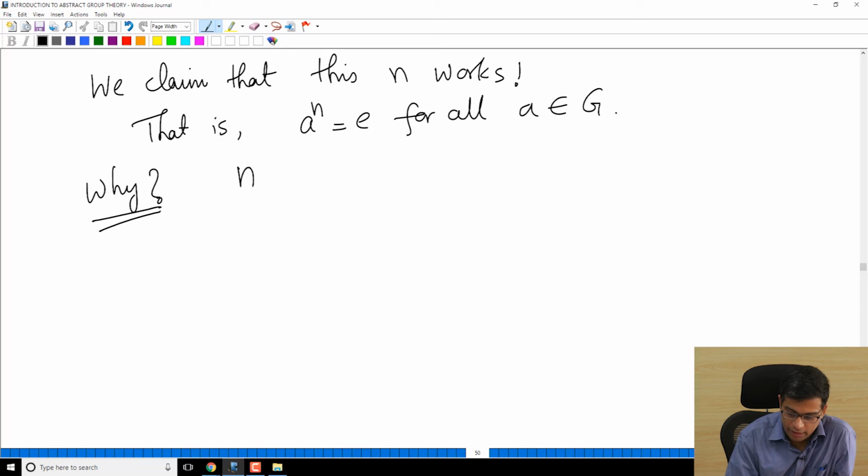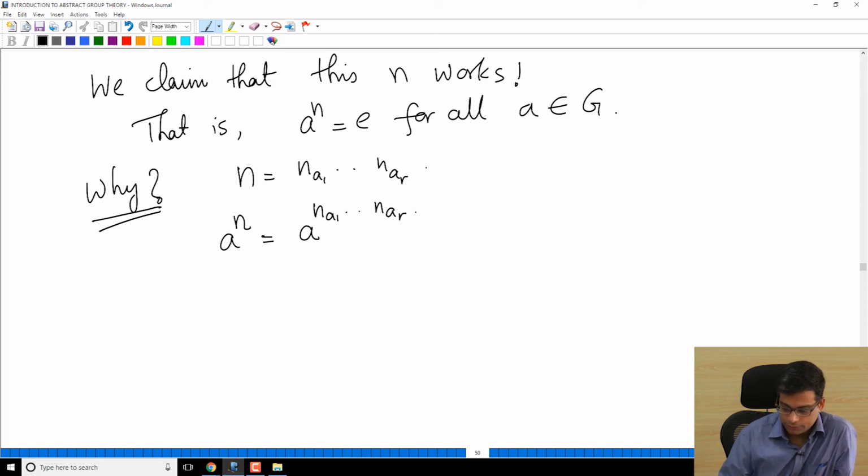So, n, remember, is n a 1 up to n a r. Now if you take a power n, one of the a's is equal to one of the a i's. Let us say a 1 equals a, just for simplicity.